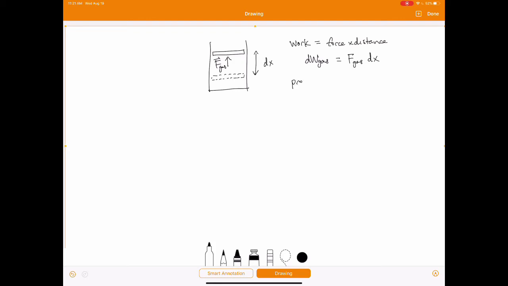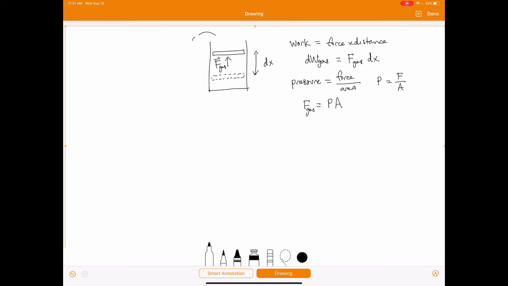Now, let's bring in the notion of pressure, which is force divided by area, or P is F over A. Well, that means the force exerted by the gas on the piston is the pressure of that gas times the area of the piston.